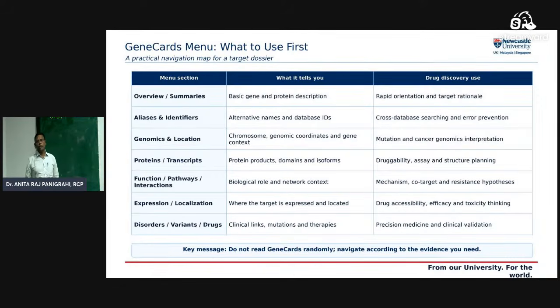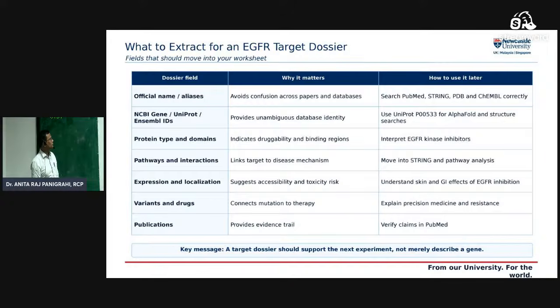I think in another 5 or 10 years, everyone is going to talk about this, and that's where pharmacists are going to play a huge role. Here, do not read gene cards randomly. Navigate according to the evidence you need. That means you need to have a particular question for why you are looking for it.